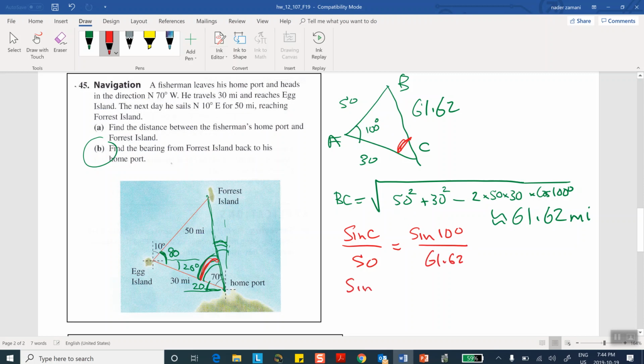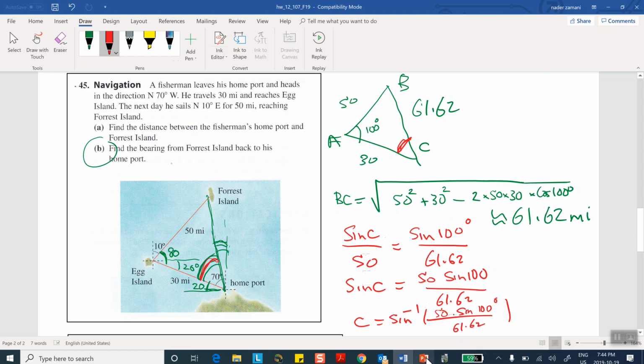So sine of c is equal to 50 sine of 100 degrees, we need degrees here, over 61.62, and the angle C is equal to sine inverse of 50 sine of 100 degrees divided by 61.62. So let's go ahead and find it.